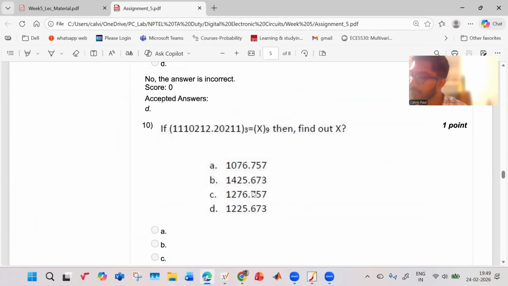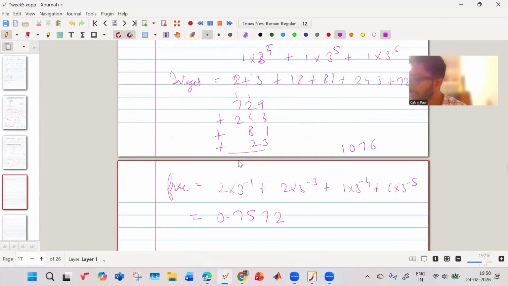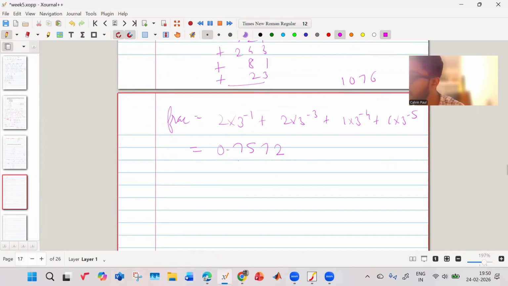Let us start with the fraction. 0.673 is the one which is common, and 0.757 is another thing which is common. So it cannot be 0.757 because that we got in terms of base 10. So it could be 0.673. Let us check 0.673 in terms of 9. What does this correspond to? 6 into 9 to the power minus 1, plus 7 into 9 to the power minus 2, plus 3 into 9 to the power minus 3.